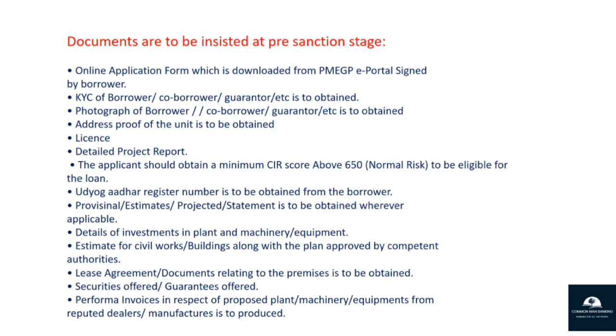So the security details are also required. And proforma invoices. For each and every machine, you need the corresponding proforma invoice. For example, machinery A's estimated cost is 1 lakh. For each and every machinery you have to quote the exact value, with the exact invoice from the vendors.